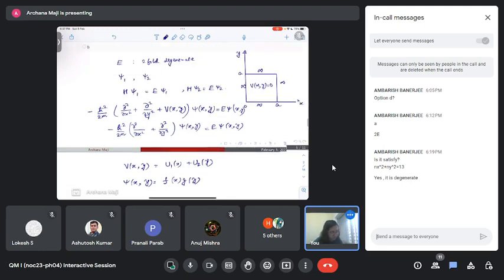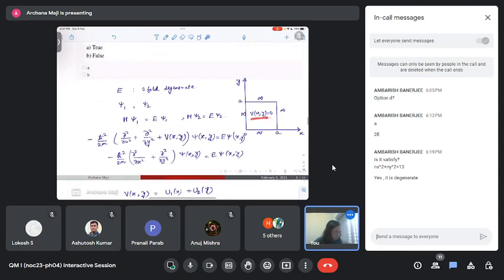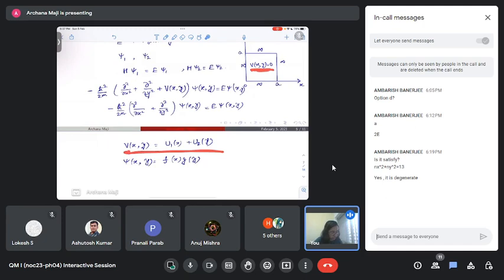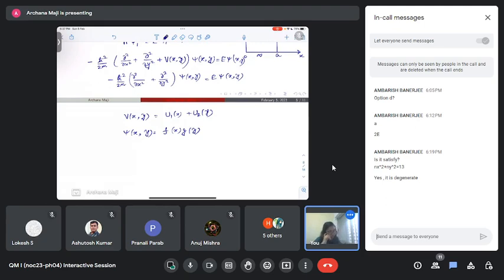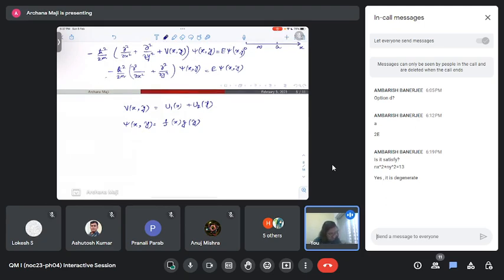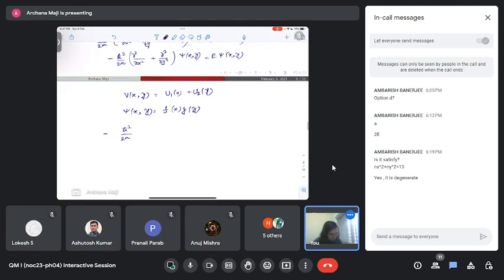For this two-dimensional box the potential is 0, so it automatically satisfies this condition, and hence we can write the wave function as the product of f of x times g of y. So then from that equation what we get is, the first term will act on f of x.